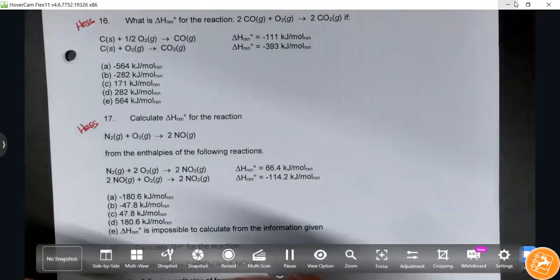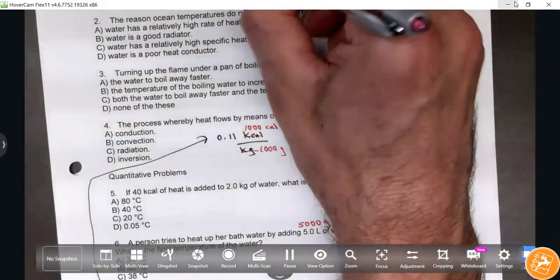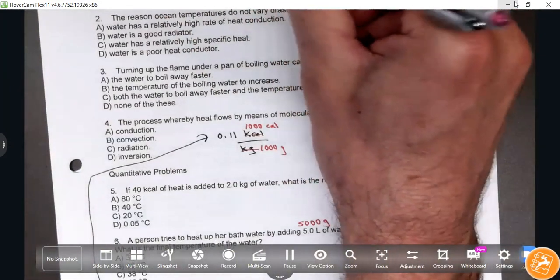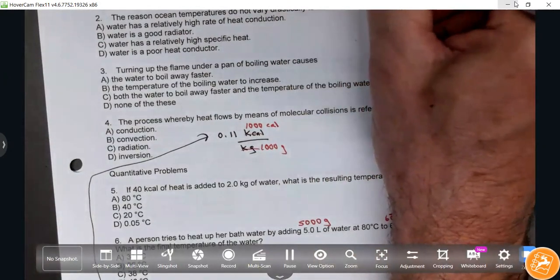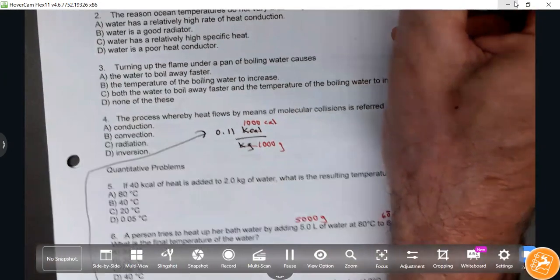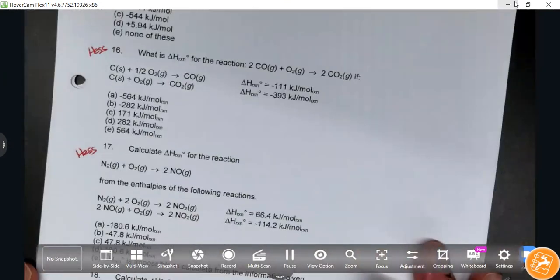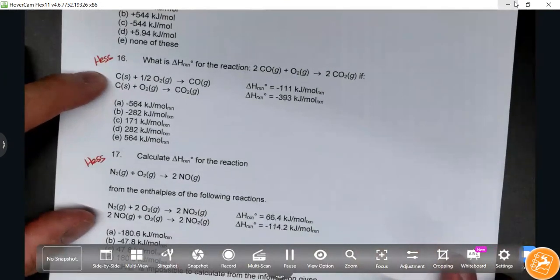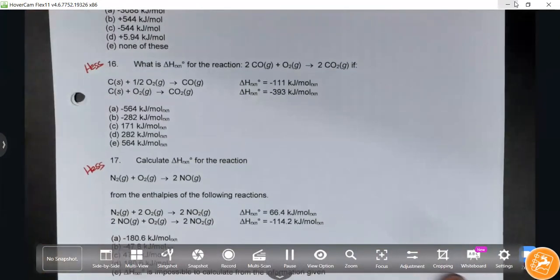And I gotta switch the order of 15, so I'm going to switch 15 to after 16 and 17. Otherwise, 16 and 17 look very similar to what Owl did, right? Just the two of them that look good.